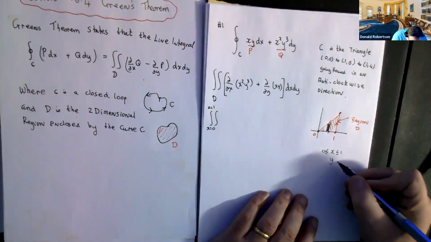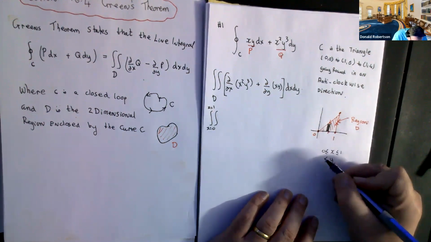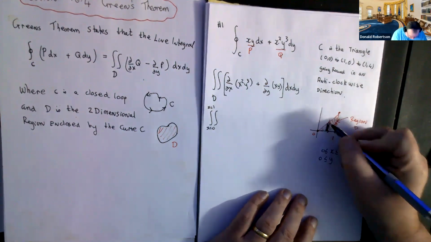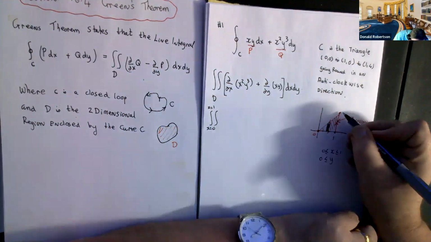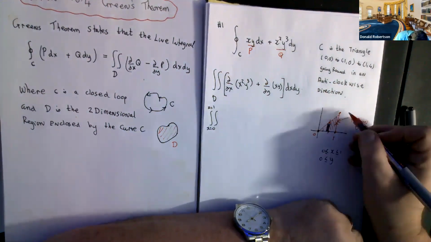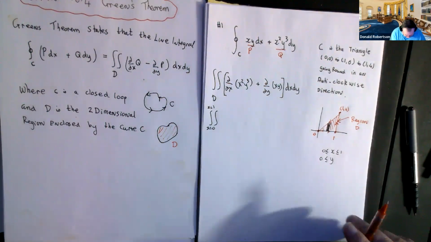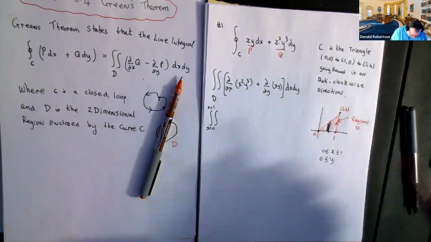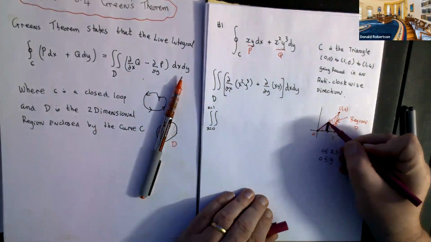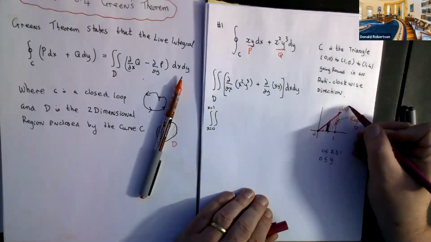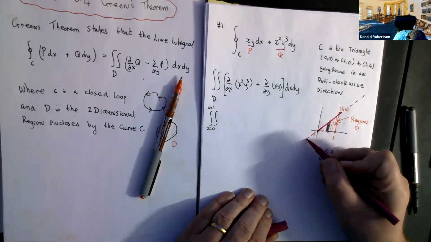And y is going to go from the bottom, which is clearly 0, to the top, which is that straight line. And this guy here has coordinates 1, 4. So the straight line we're talking about is essentially this purple line here, right?